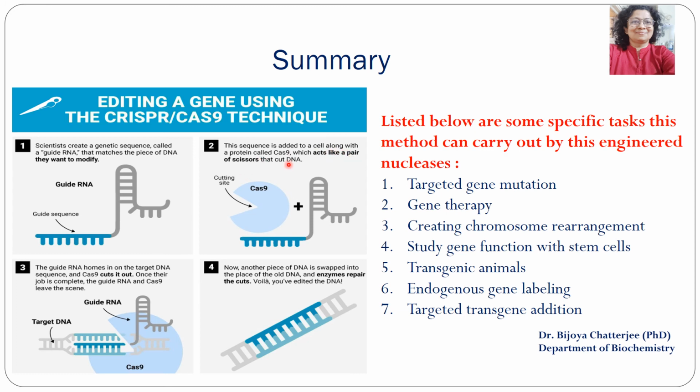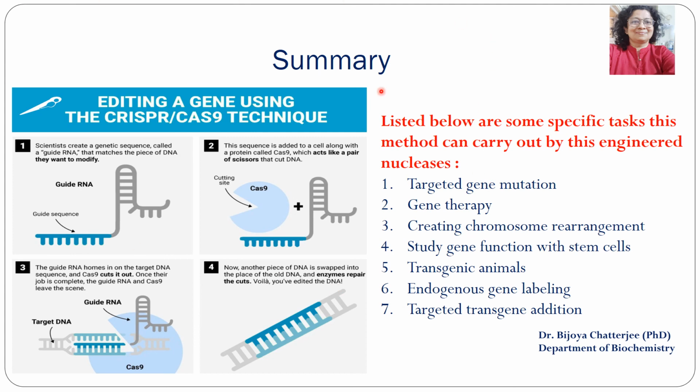It is an endonuclease, so it can cut the DNA which the guide RNA will recognize. After the guide RNA homes on to the target DNA sequence and the Cas9 cuts it out, once their job is complete, the guide RNA and Cas9 leave the scene. So they go out of this complex. Now another piece of DNA is swapped into the place of the old DNA and enzymes repair the cuts. And this is how the DNA is edited.